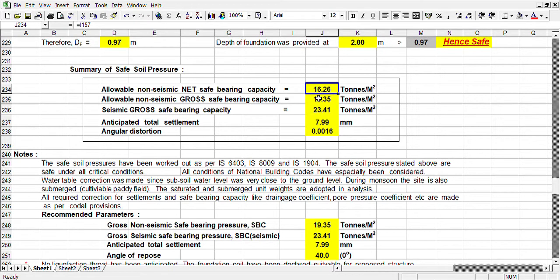So we are increasing by 25%, so it is coming this. And after adding requisite, adequate and actual size, we are getting this.